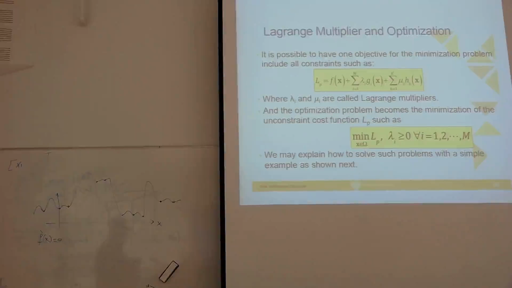It is inactive if the lambda_i associated with that inequality constraint is negative. So lambda_i should always be greater than or equal to 0, because if it is less than 0, it becomes negative, and g_i is already negative, so the product will be positive. So we are not minimizing; we increase the cost function in that case.